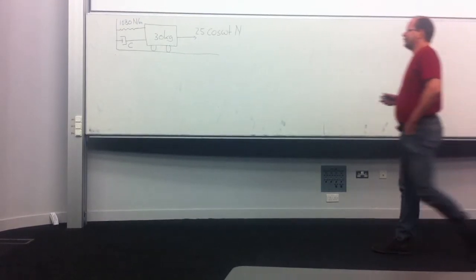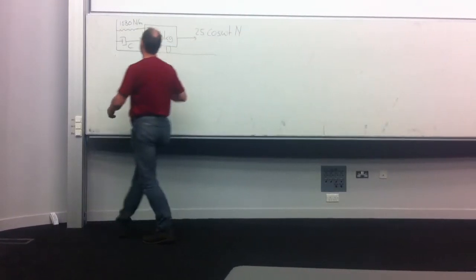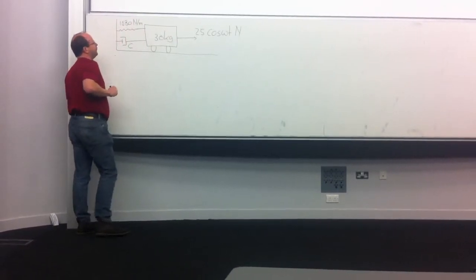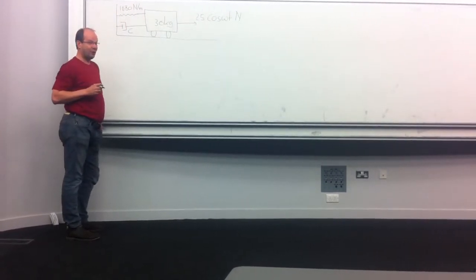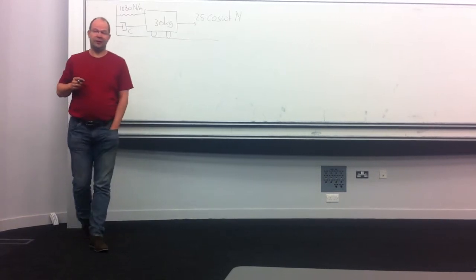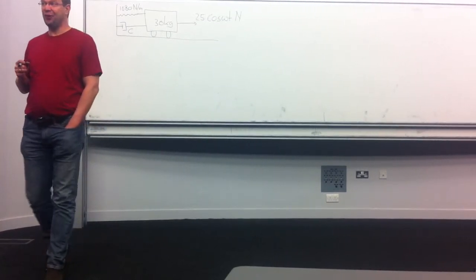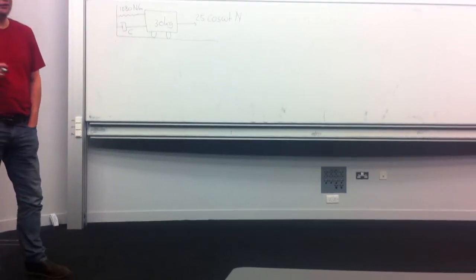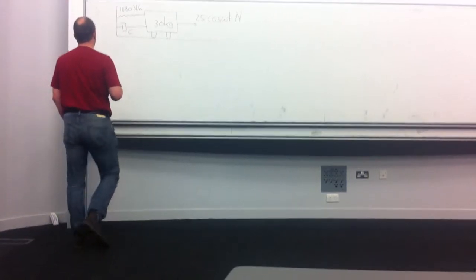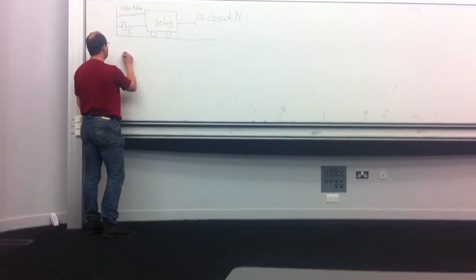Okay, now just some initial analysis of this thing. First thing we should also always be interested in is natural frequency, undamped natural frequency, and damping ratio. Let's first write down the equation of motion.